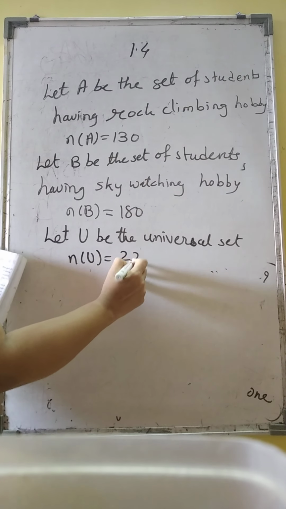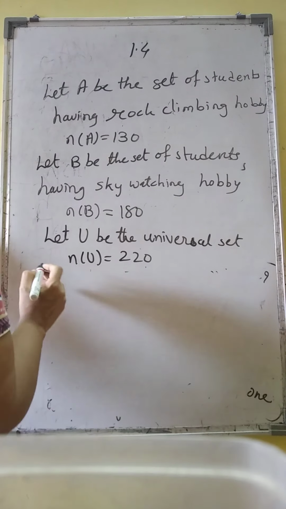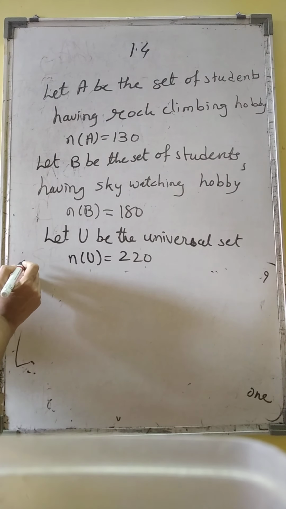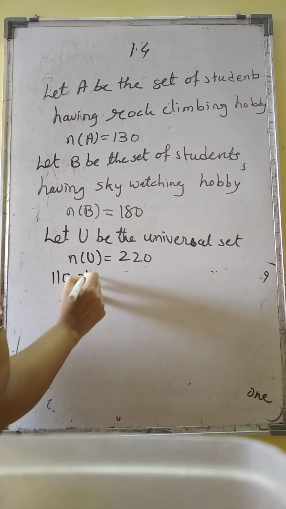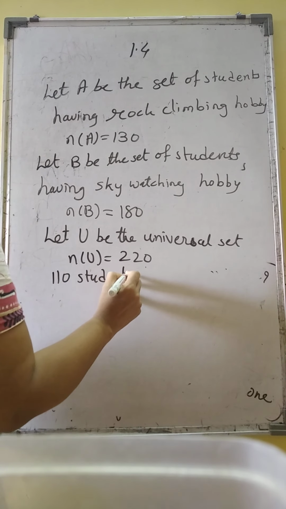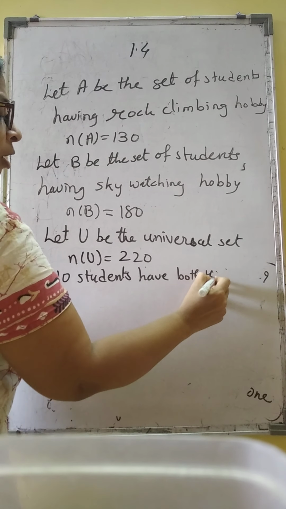How many students are there in standard 9? 220? So N of U will come as 220. Now it was told that 110 students have both the hobbies.